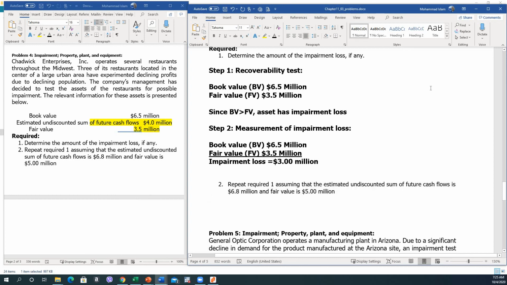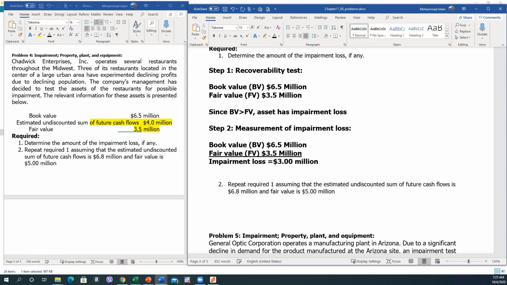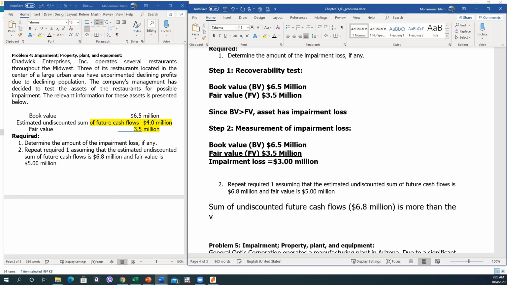So what we can do: the sum of undiscounted future cash flows, which is 6.8 million, is more than the book value of the assets.